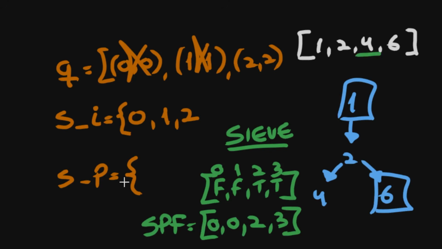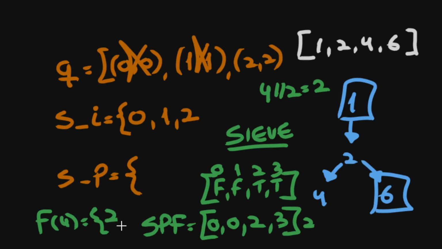Next, we are here. The current number is 4, so we call the function with 4. And here we need to return a set. First, we go to SPF at index 4, which means that we are here and the smallest prime factor is 2. So we do 4 divided by 2, and this is equal to 2. We need to add 2 to the prime factors, so here we put 2. And now we need to repeat the same process with 2.